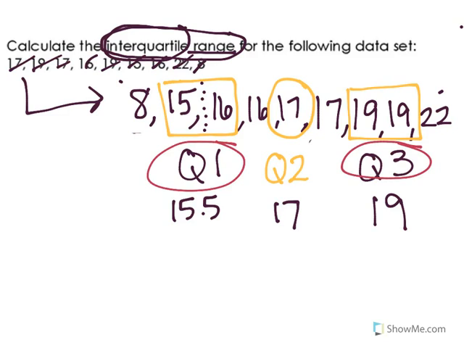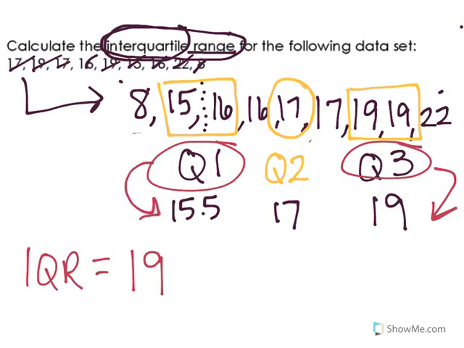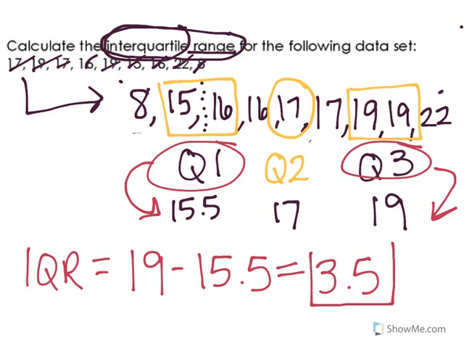So in order to find the interquartile range, or the IQR, I need to take quartile 3, which is 19, and subtract quartile 1, which is 15 and 5/10, to get 3 and 5/10. So the interquartile range of this data set is 3 and 5/10. That means the range between quartile 1 and quartile 3.